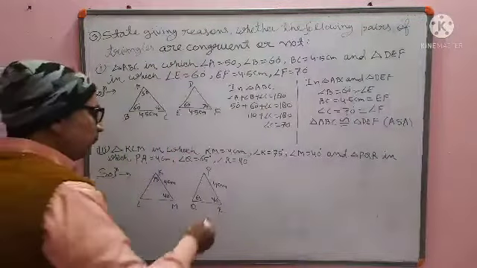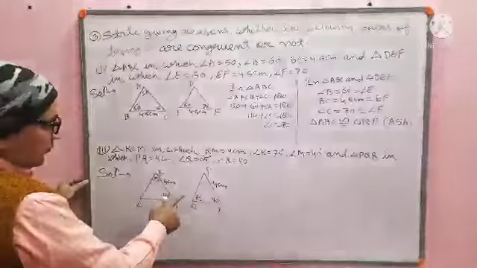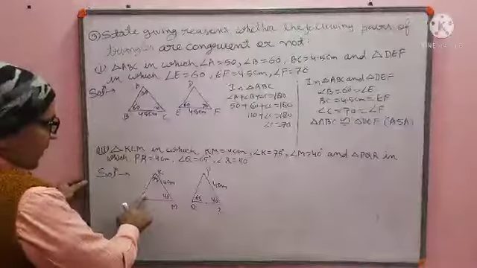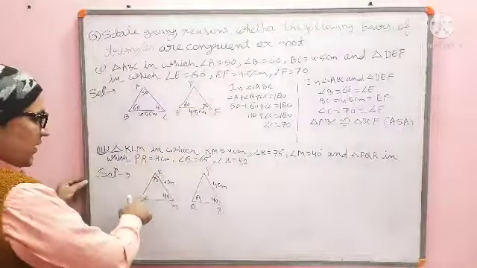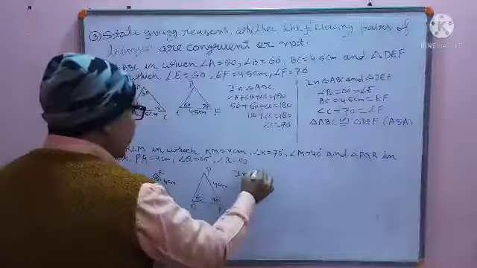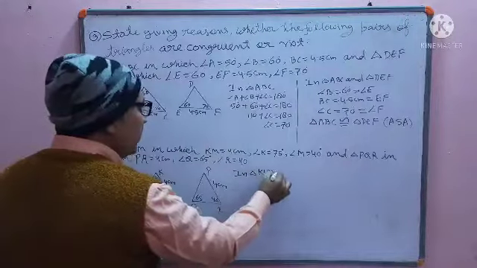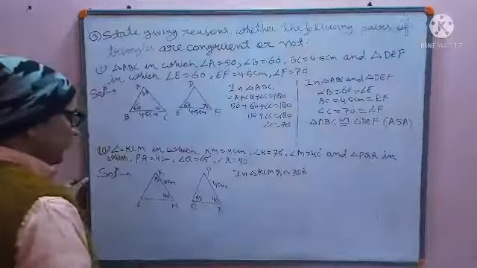See, I am doing it. Now I am going to find this angle L. That second method which I was explaining there, the second method I am telling in this question. Okay? In triangle KLM and triangle PQR.